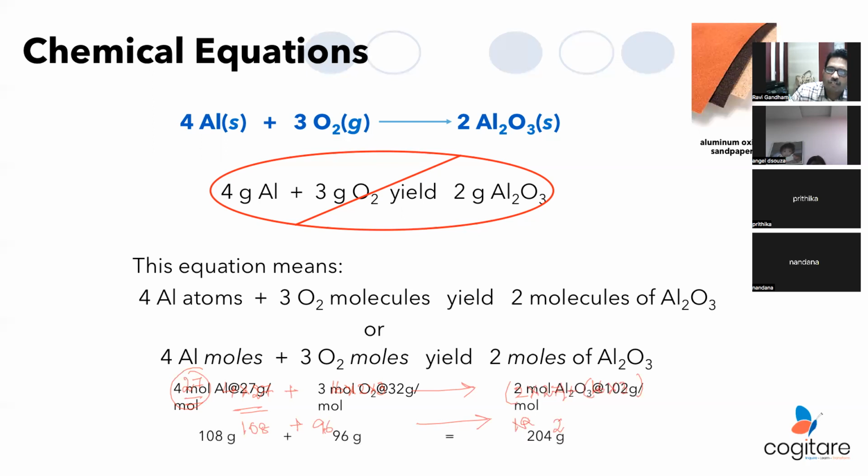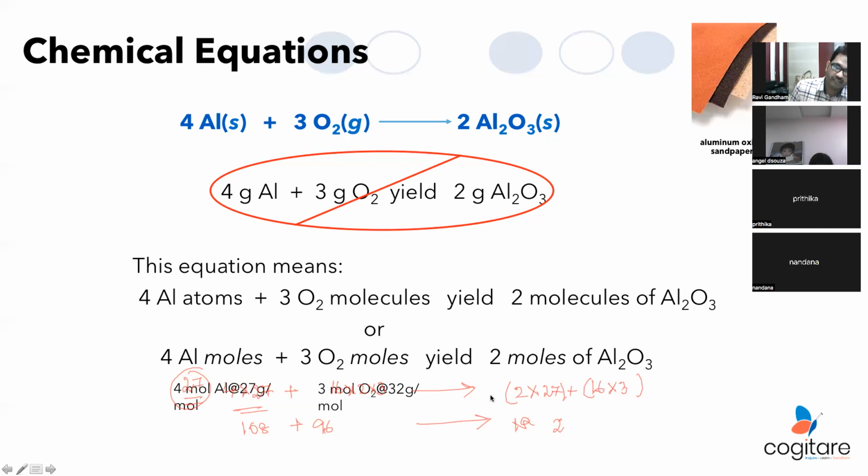Oxygen is 48. Let's calculate this once again. Okay. Al2 is 54. 54 plus this is how much? 16 into 3 is 48. 48 plus 54 is how much, guys? Just give me this here. 102. Yeah.